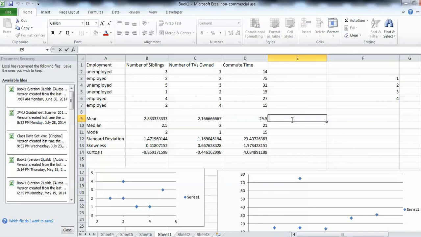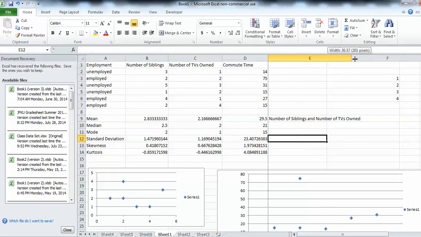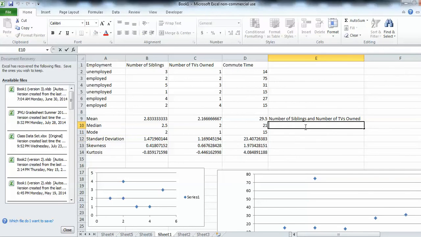I could say something like number of siblings, number of TVs. And then here I could say number of siblings, commute time. And right here I could say number of TVs and commute time.